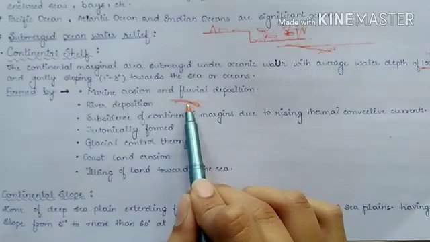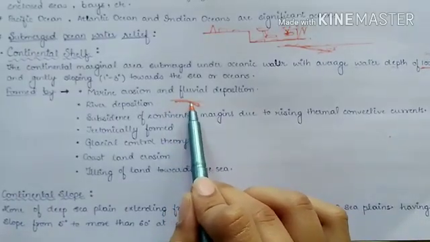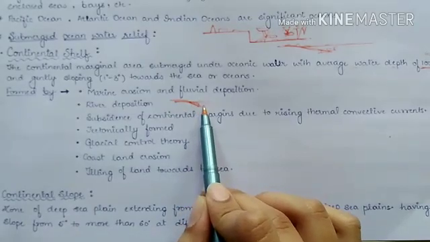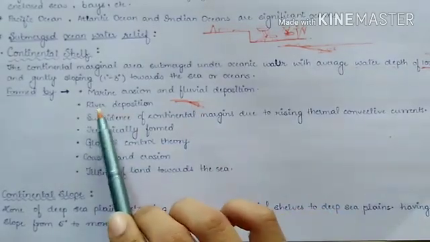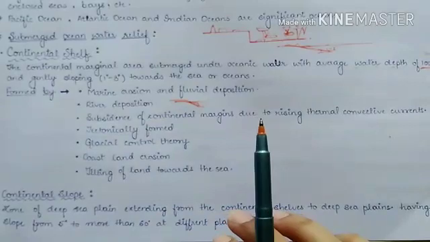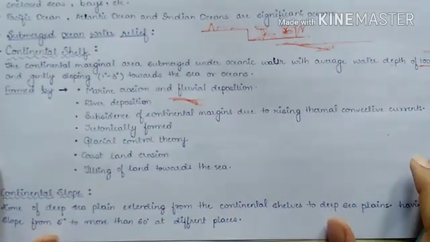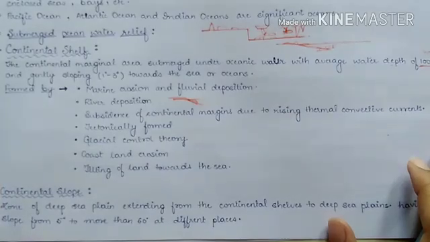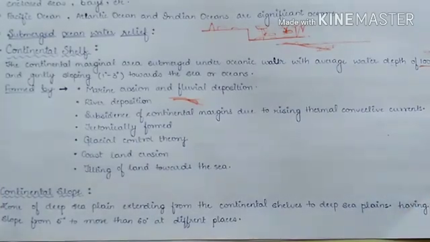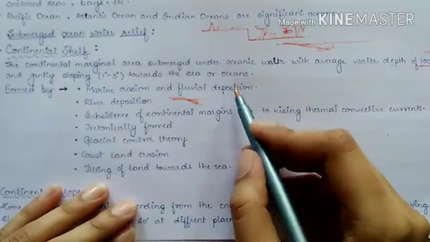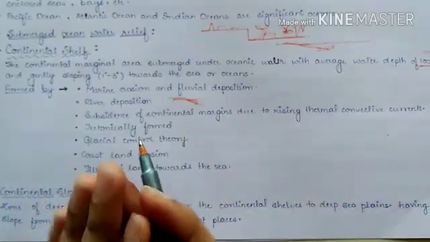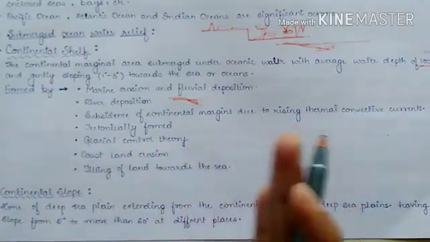When these deposits are not eroded away, they collect in this area and form continental shelf. So this is how continental shelves are formed, and these type of continental shelves are constructional and they are more extensive. They extend over a long area.